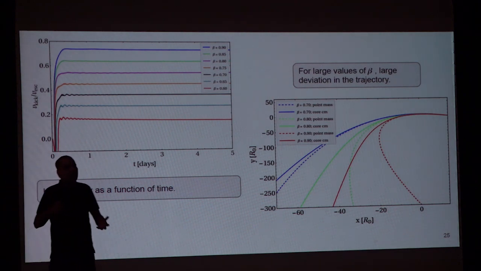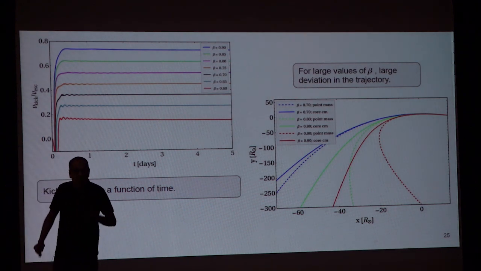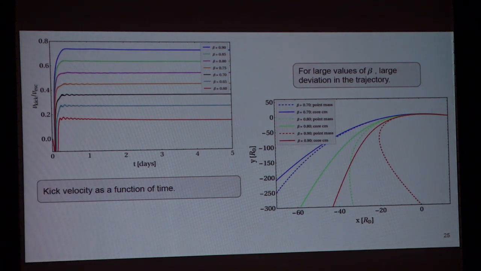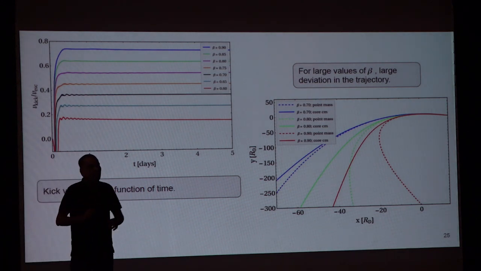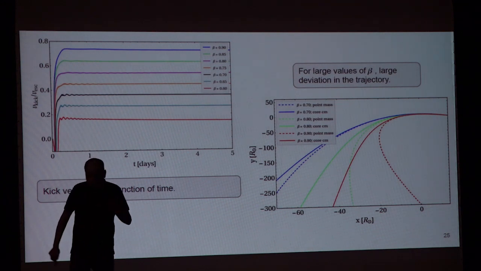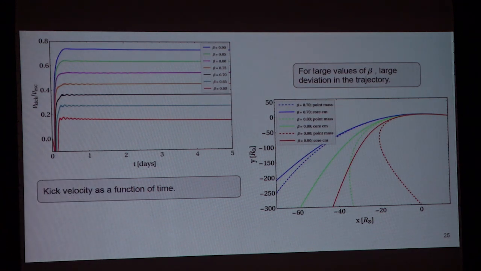Now the part which has been eaten up by the black hole actually goes into an elliptic orbit, and you know that the elliptic orbit has lesser energy than the parabolic orbit, and because of the asymmetry, the center of mass, so the core energy, changes. And what happens is that after some part of the mass has been disrupted, it starts falling back into the core and giving it a kick velocity, as they call it. Including everything, taking everything into account, this is basically the picture that emerges, these huge deviations.